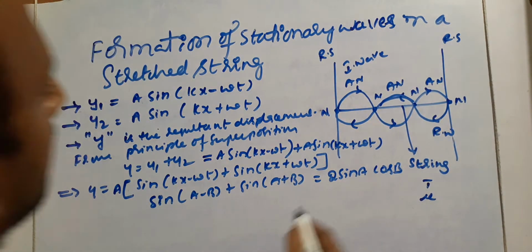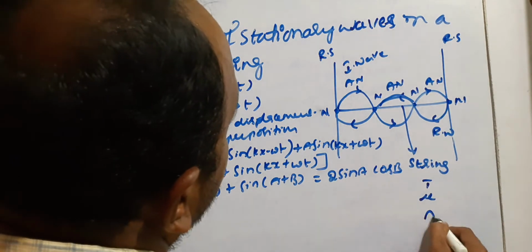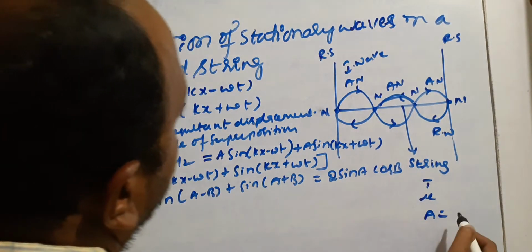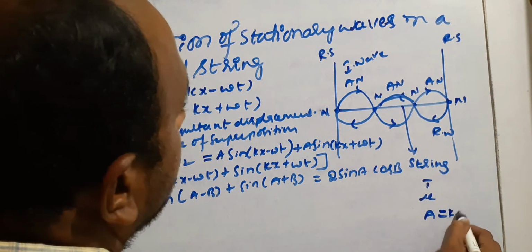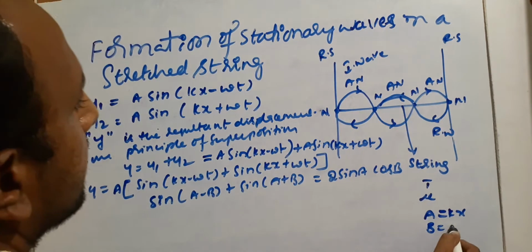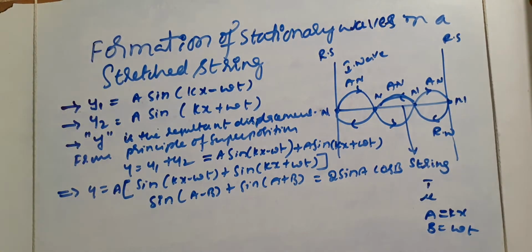Here you can compare, A is kx and B is omega t, students. The standard formula is sine of A minus B plus sine of A plus B, which is equal to 2 sine A cos B, where A is kx and B is omega t.